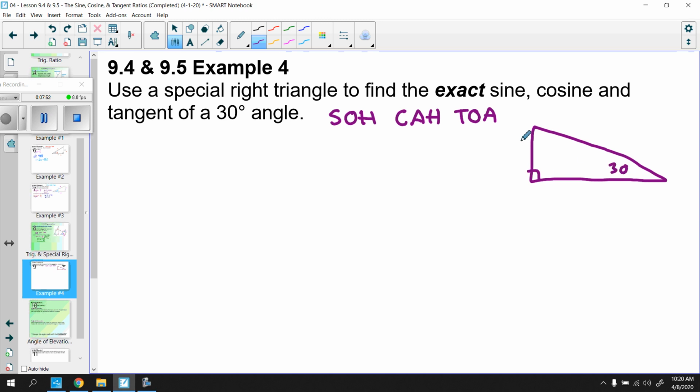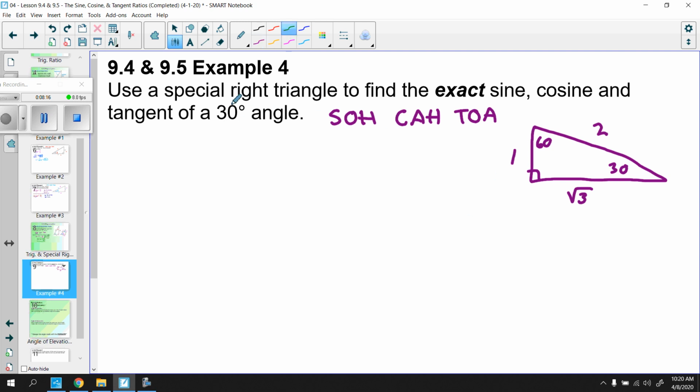Well, because that's the one that it's asking about. It's asking about 30. We would use the same triangle if it asked about the 60. And then the big thing here would be to make sure we're getting the side length ratios in the right spots. Okay, so those are the two things I'd want to see before I start doing anything.